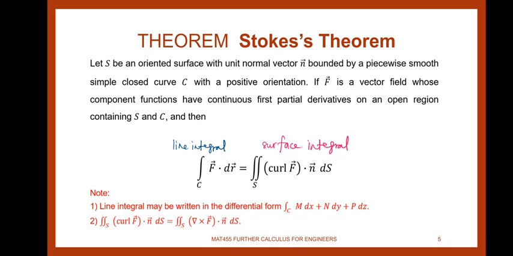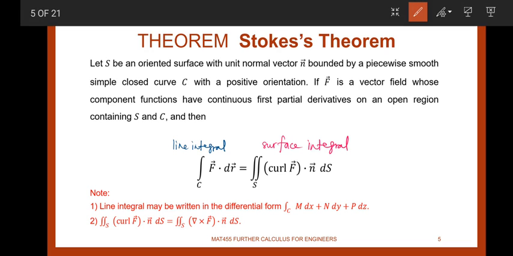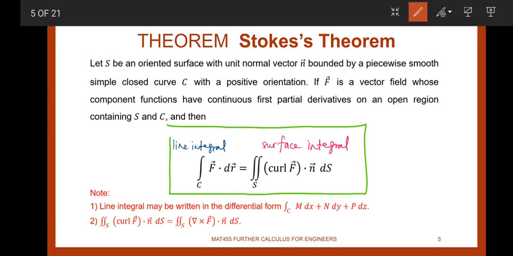You must remember the form of Stokes theorem, which is this one. Note that the line integral can also be written in differential form. Usually we have this form when you want to find the line integral. Also note that for curl F dot n dS, the double integral, which is the surface integral, can also be written in this form.